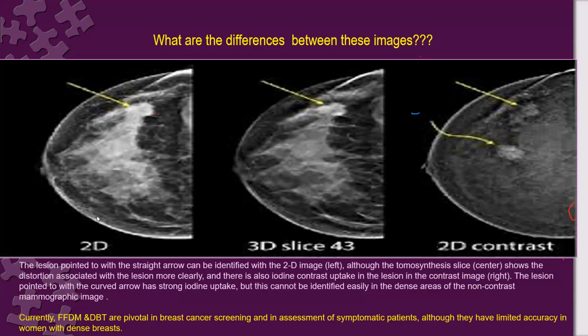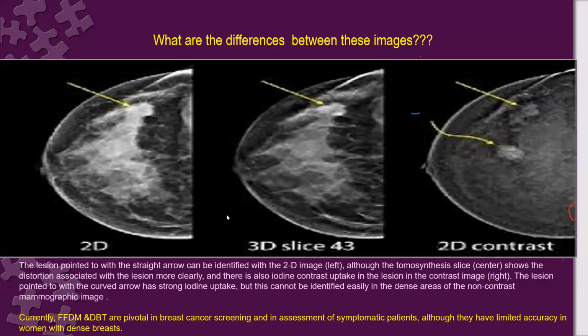So both 2D and 3D, or tomosynthesis and full-field digital mammography, are pivotal in cancer screening and in the assessment of symptomatic patients. However, both have limited accuracy in a dense breast.